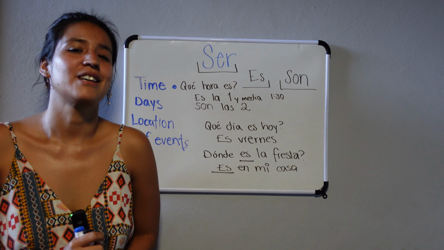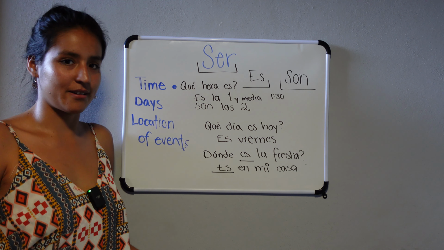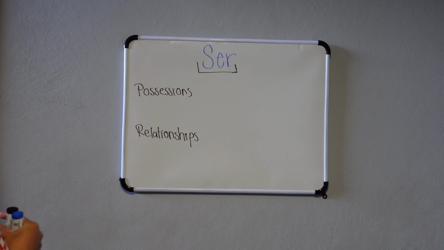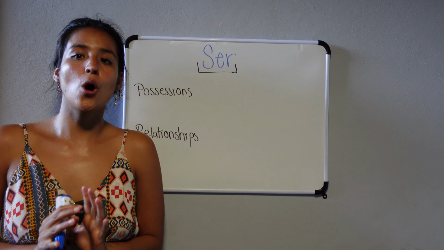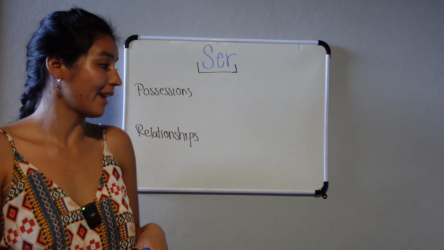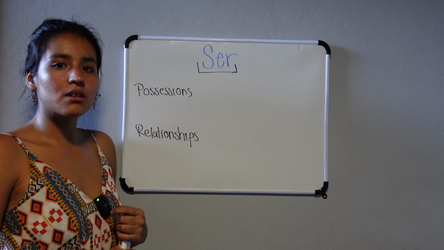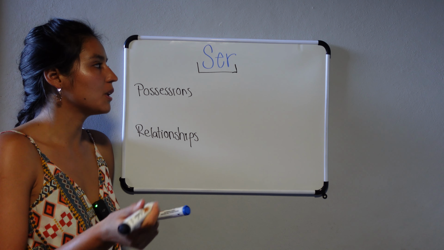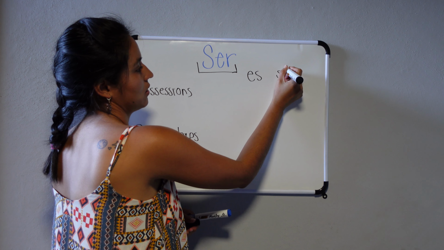Almost. A couple more examples and then we're gonna be done with ser. Okay, last examples. Possessions. Okay, and relationships. Again, in this case, we are just gonna choose between es and son, okay?